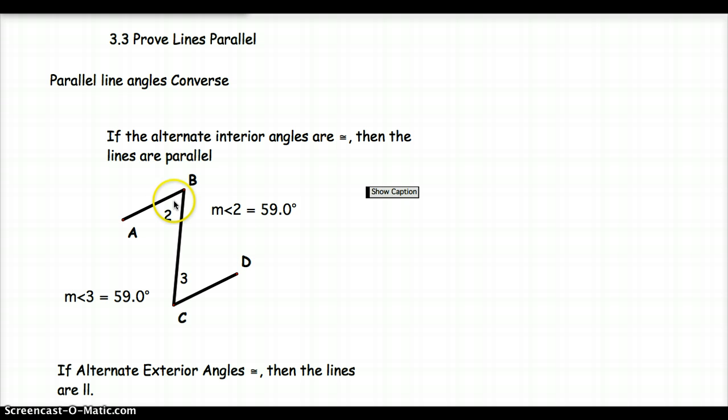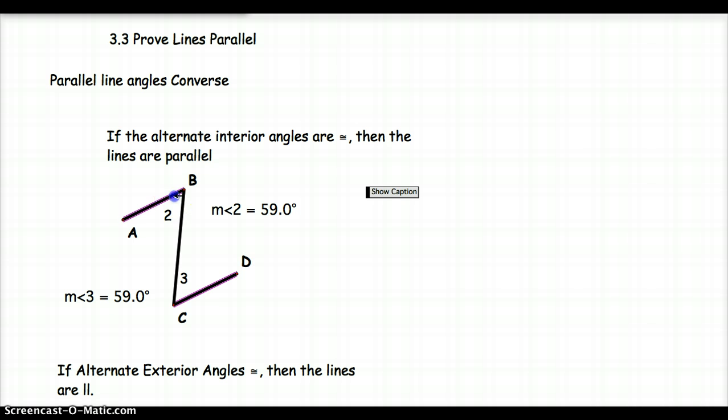So if you look here, we have angle 2 equaling 59 degrees, angle 3 equaling 59 degrees, and since angle 2 and angle 3 are congruent, and they are alternate interior, because look here, here's your one line this way. Again, if you extend that line out, you'll see it. Here's your other line this way. This essentially creates your parallel lines.